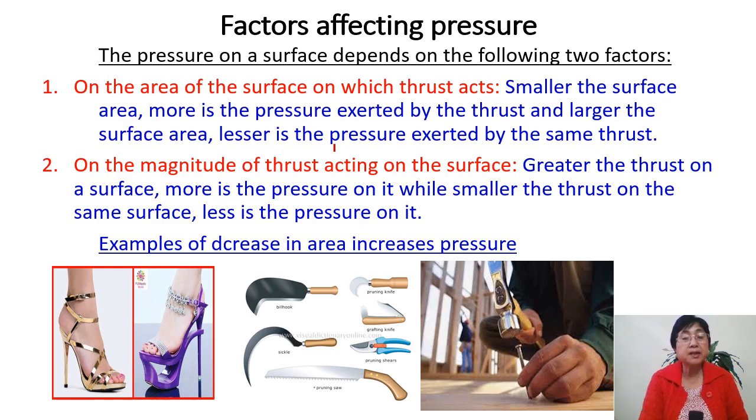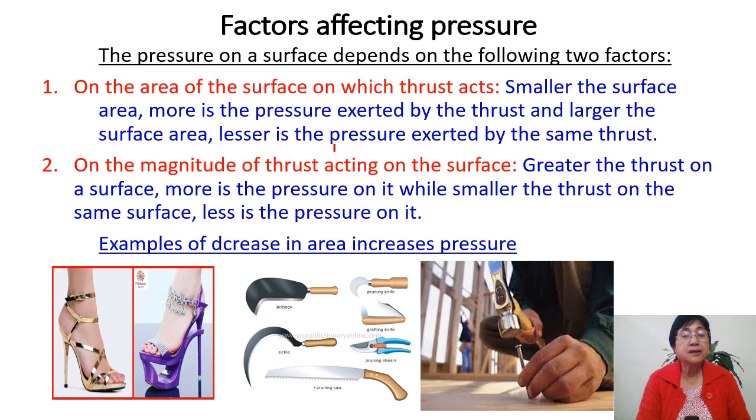At the same time, these are also applications of reducing the area: the smaller the area, the more the pressure. Look at these heels. They are very small if you compare them with the blocks.